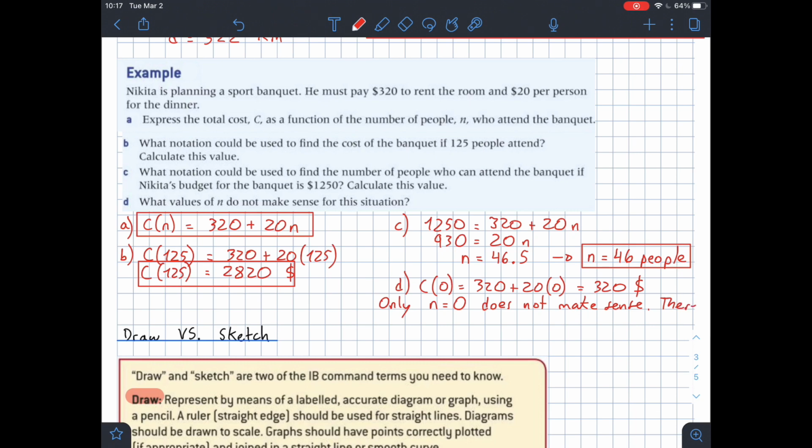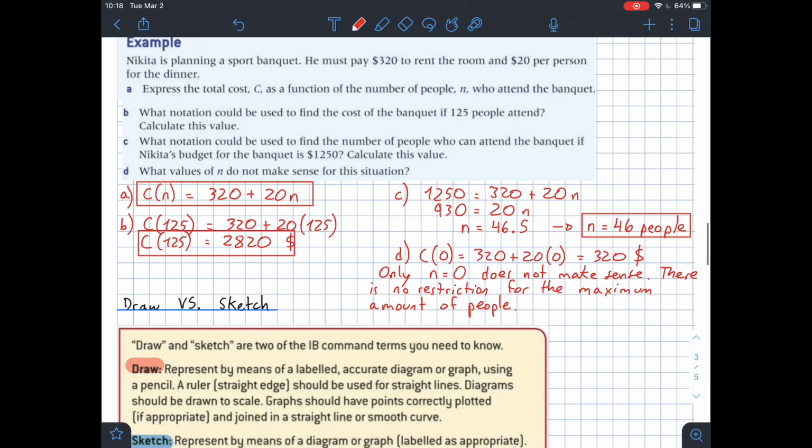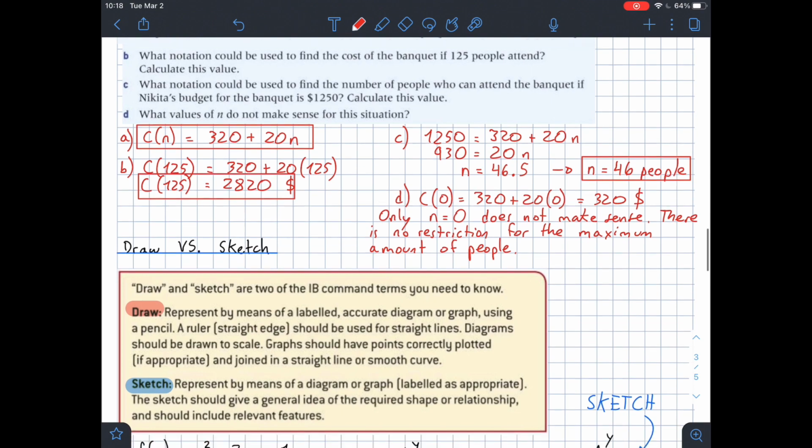And I'm going to add, there is no restriction for the maximum amount of people. And logically, I cannot invite a negative number of people because that doesn't exist, right? So n equals 0 would be the only value that does not make sense in this problem. For the rest, you can calculate a logical value.